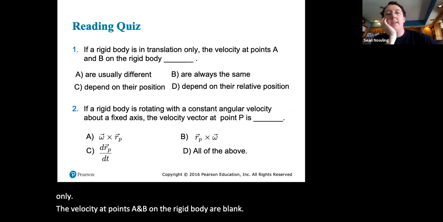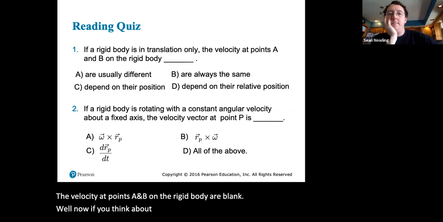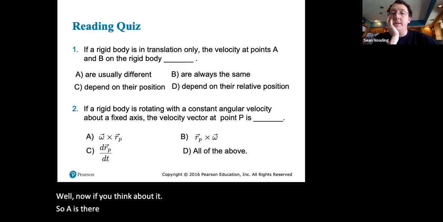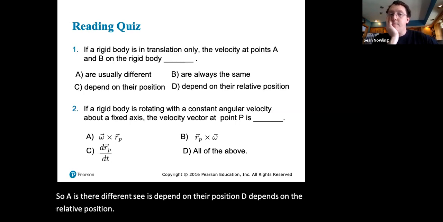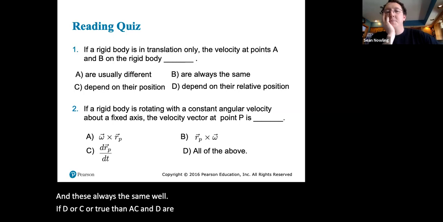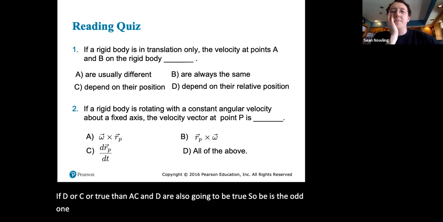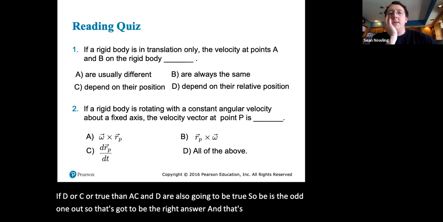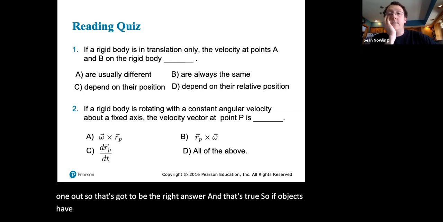Well, if you think about it, A is they're different, C is depend on their position, D depends on the relative position, and B is always the same. If C or D were true, then A, C, and D would also be true. So B is the odd one out, so that's got to be the right answer, and that's true. If objects have translational motion, all points on the body will have the same velocity.